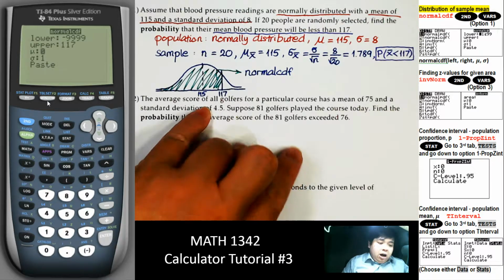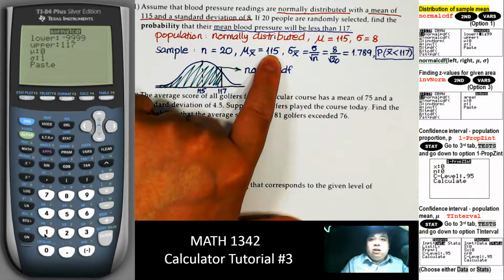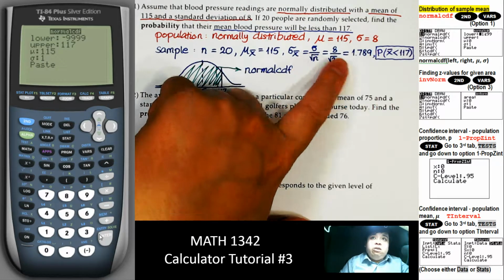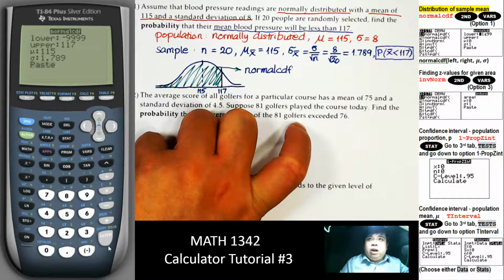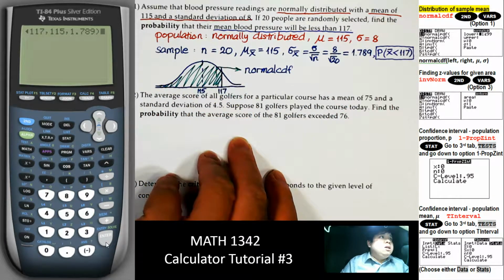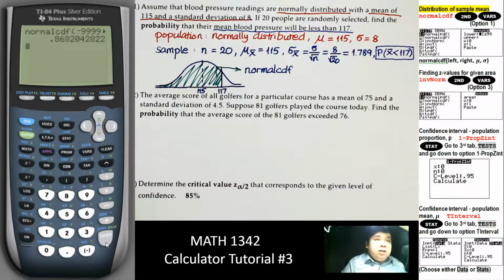The mean is 115. The standard deviation 1.789, and we paste. And we have that.